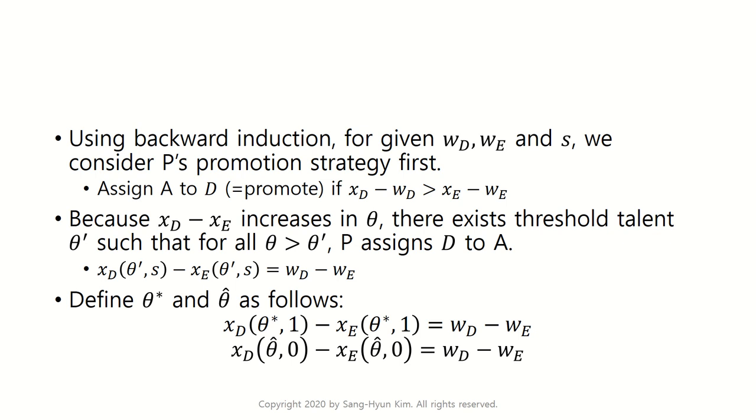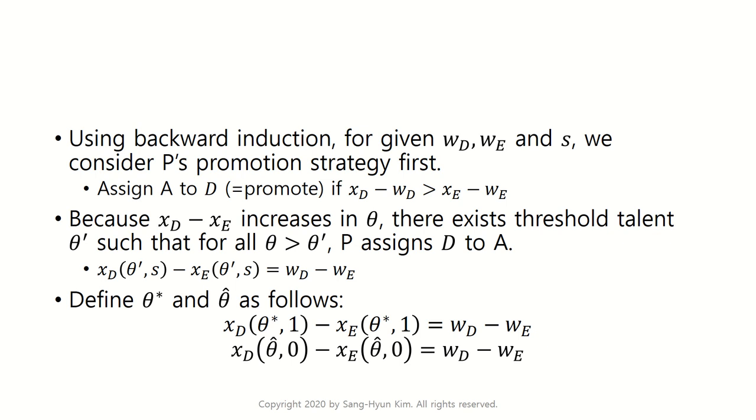So the principal will assign the agent to the difficult task, which means the principal will promote the agent, if the following condition holds: xD minus wD is larger than xE minus wE. xD minus wD is the profit when promoting the worker, and xE minus wE is the profit when not promoting the worker.